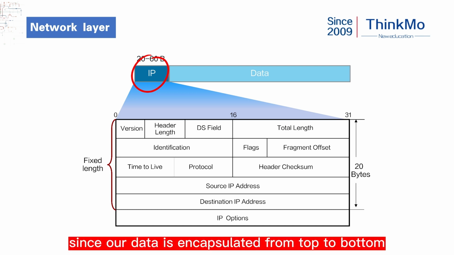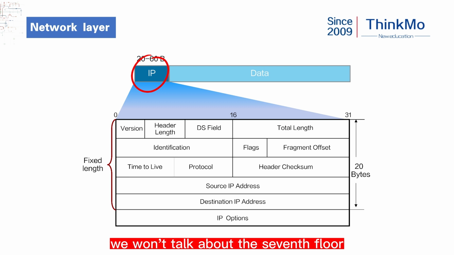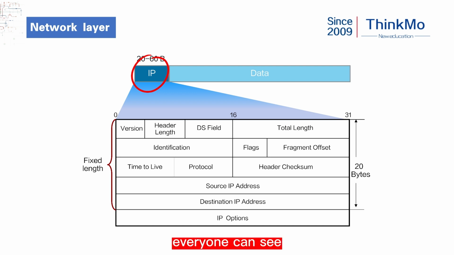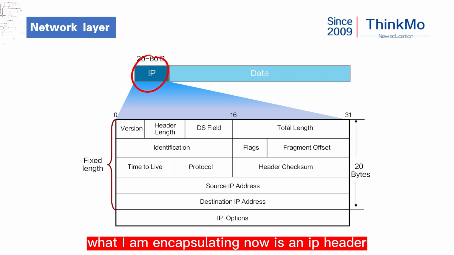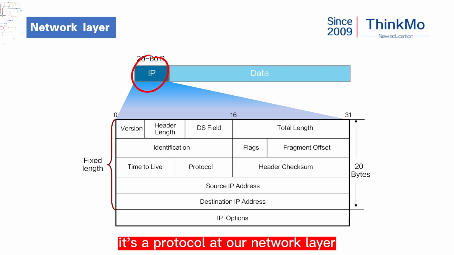Since our data is encapsulated from top to bottom, we won't talk about the 7th, 5th and 6th layers. Let's default to 4-layer encapsulation. Everyone can see that what I am encapsulating now is an IP header. It's a protocol at our network layer.